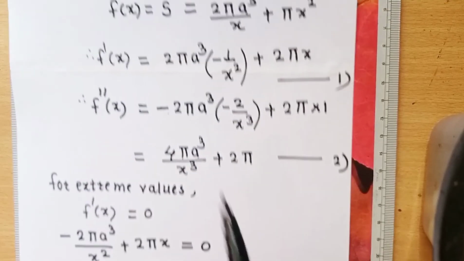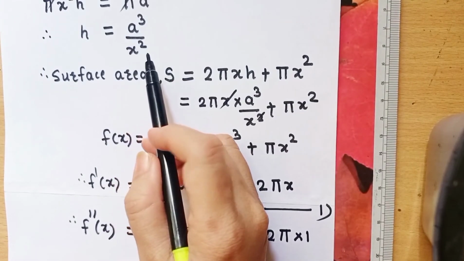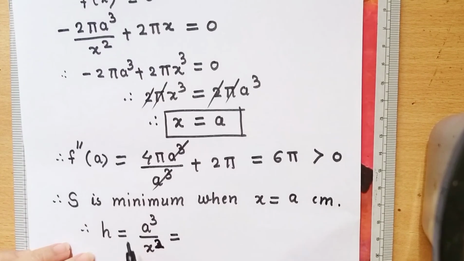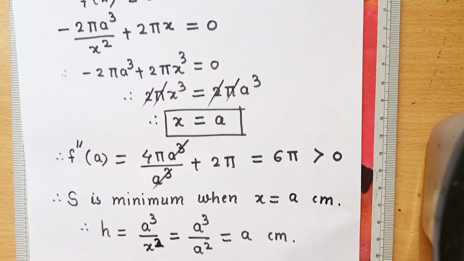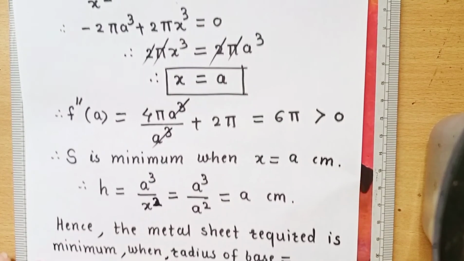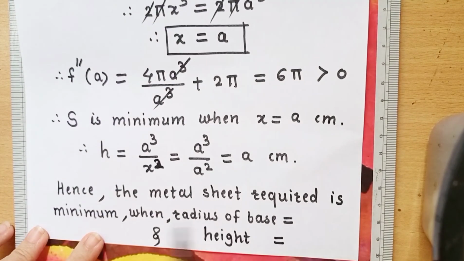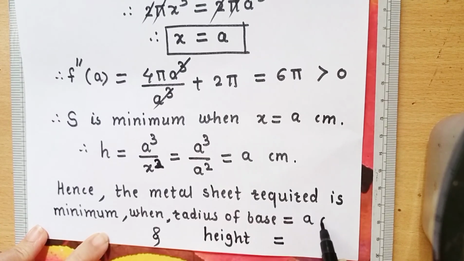And the formula for h is a cube upon x square, so we will find h, and that is equal to a cube upon a square, that is equal to a centimeter. We have found the dimensions, radius is a centimeter and height is a centimeter. Hence the metal sheet required is minimum when the radius of the base is equal to a centimeter and height is also equal to a centimeter.